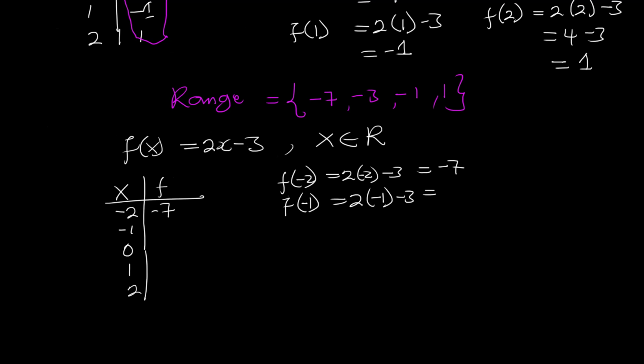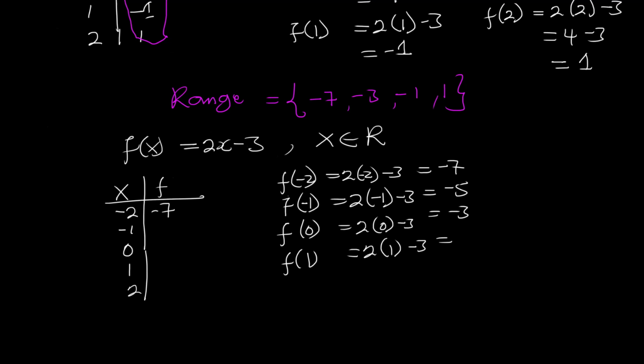We have -7 here. When x is equal to -1, we substitute and we get -2 minus 3, and that gives us -5. When x is equal to 0, we get 2 times 0 minus 3. That's equal to -3. When x is equal to 1, we get 2 times 1 minus 3, and that's equal to -1. When x is equal to 2, we have 2 times 2 minus 3, and that gives us 1.